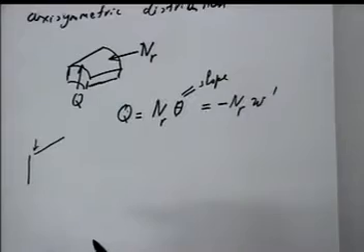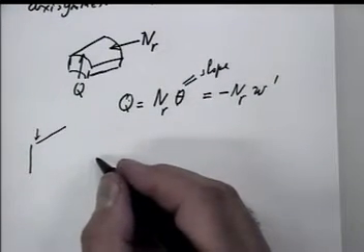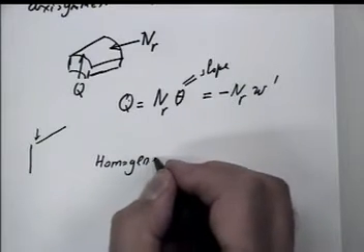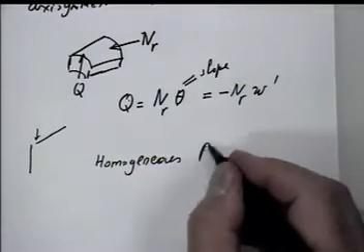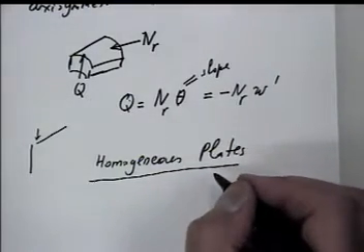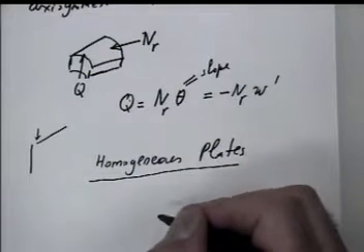So we are getting the following differential equation, final differential equation actually. We are talking about homogeneous plates. You actually studied this already. I'm just repeating more or less, and then we will do something more.